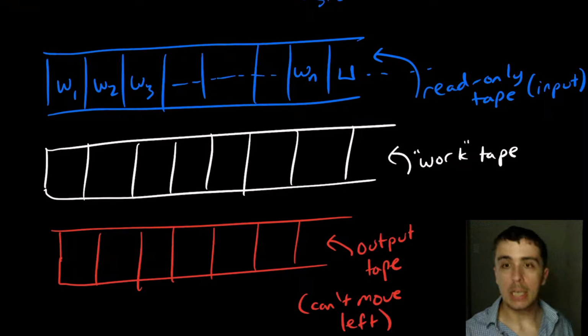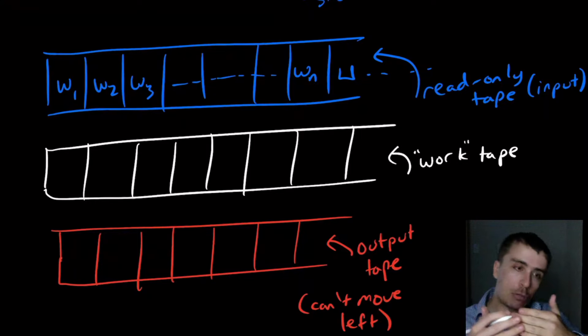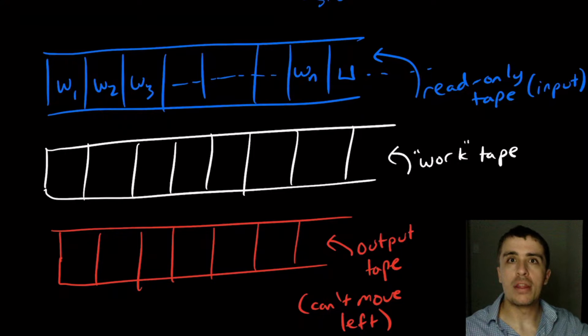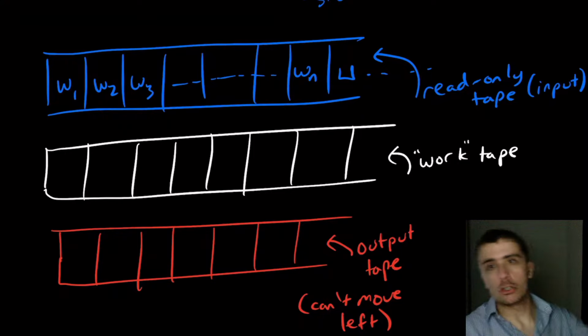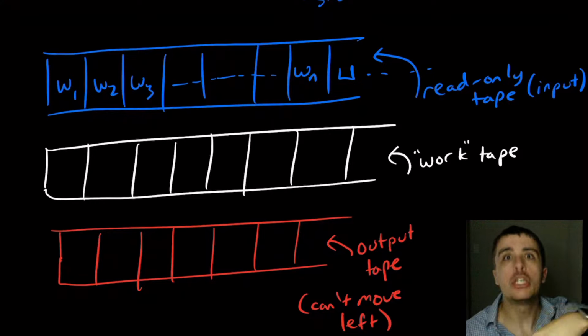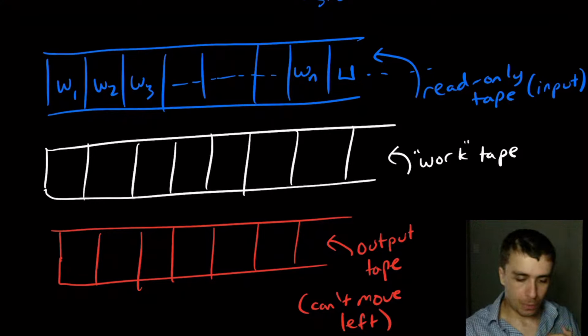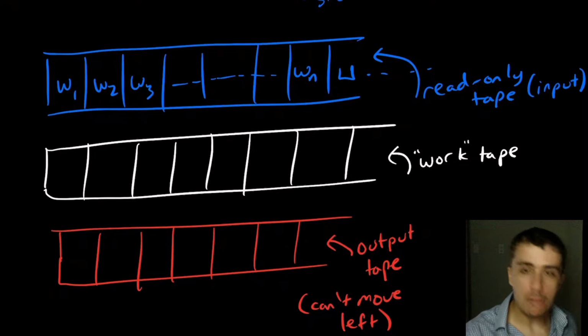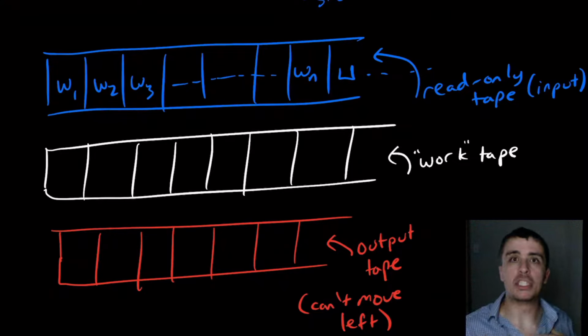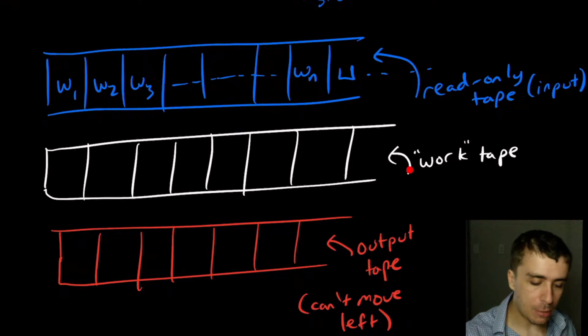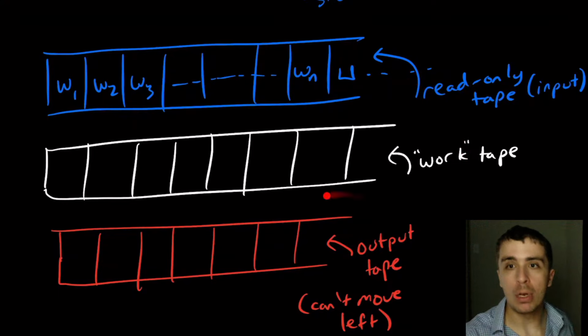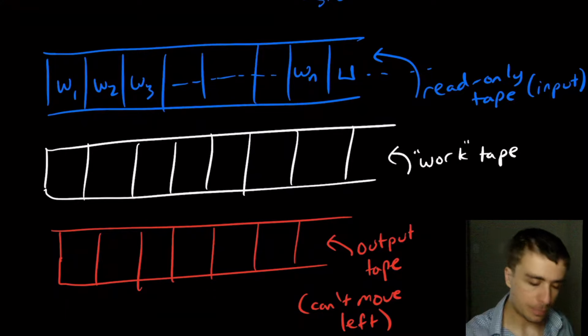What is the consequence of this? Because we can only move right on this output tape, we can never actually see anything that we just outputted. So the output tape is really only for the receiver to receive whatever computation you're going to do. It's some kind of conversion from the input here to outputting something here, with some intermediate computation done here.